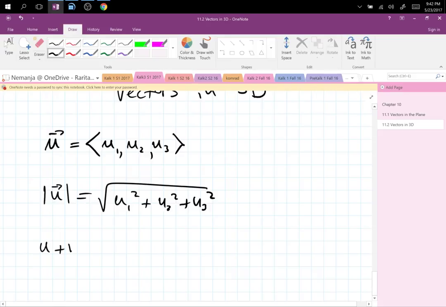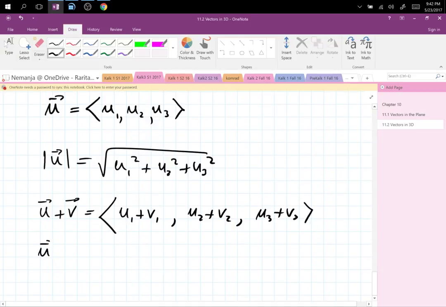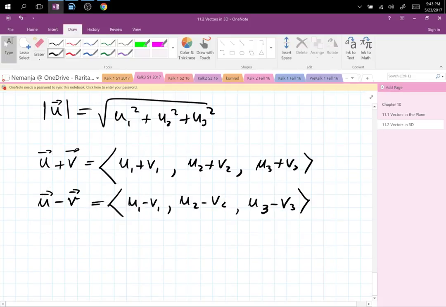So u plus v is going to be the vector u1 plus v1, comma u2 plus v2, comma u3 plus v3. U minus v is u1 minus v1, u2 minus v2, u3 minus v3. And c times u is cu1, cu2, and cu3.